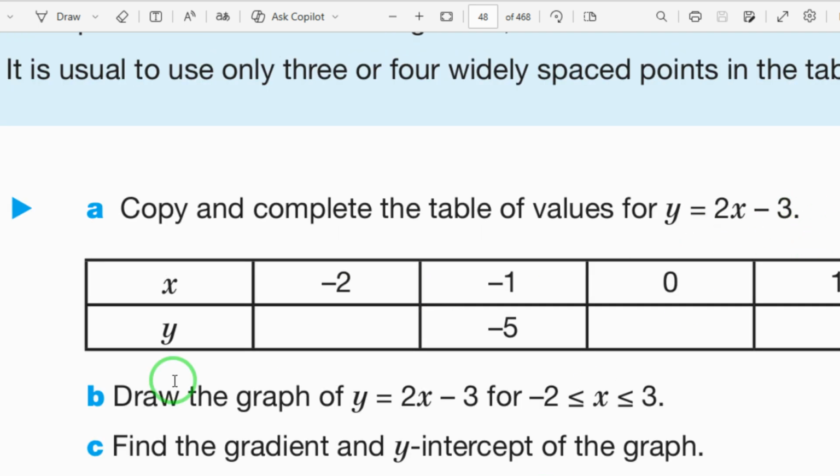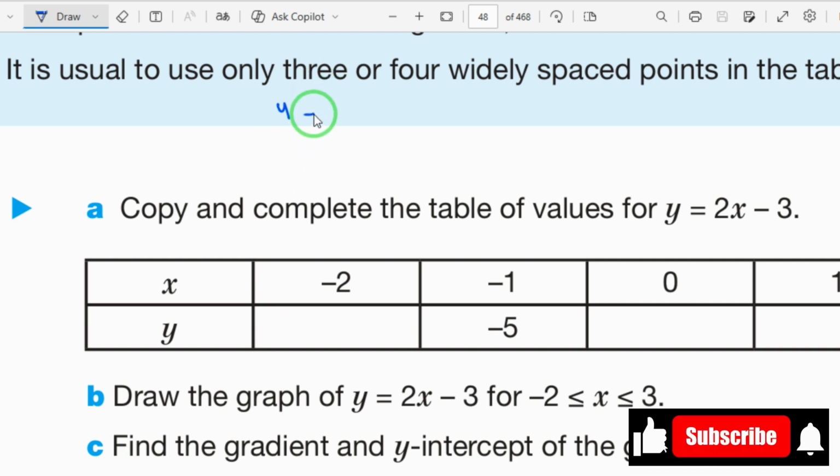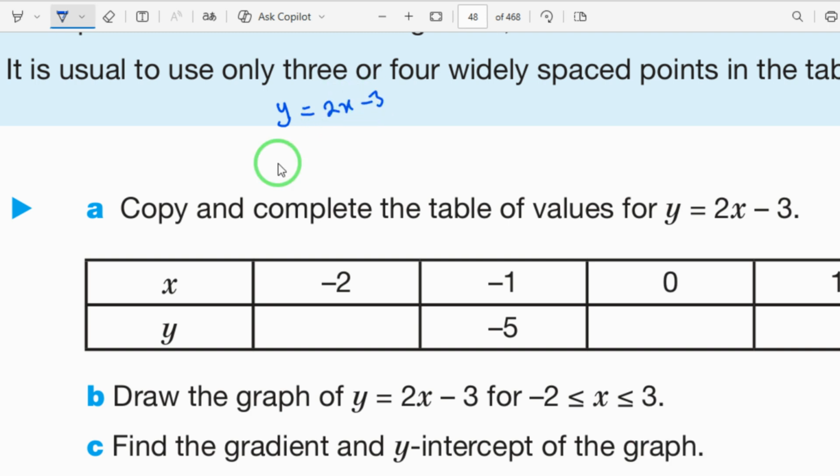We have the question here. We are given these values for x in the first row, and we calculate y. So here we have y equals 2x minus 3.